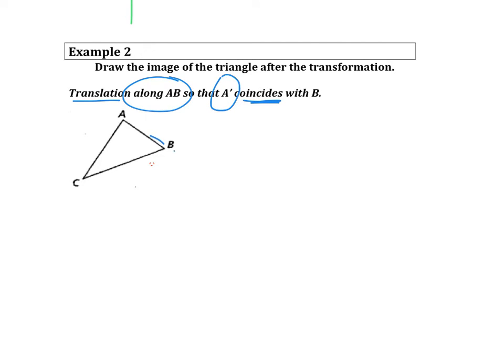So here's AB. If I continue, it keeps going this way, so that the new A coincides with B. Remember, when we're doing a transformation, the actual shape doesn't change. You may say, Mrs. Nettles, this is a horrible drawing. I would agree with you, but the shape should not have changed. It's a slide so that the new A lines up with B, and it just slid along that AB line.